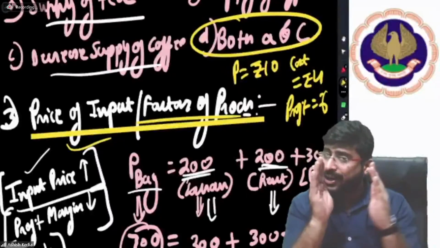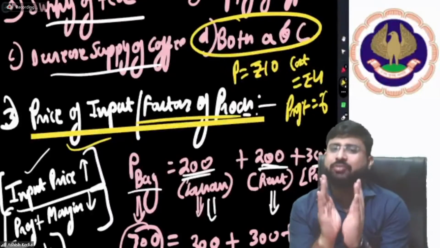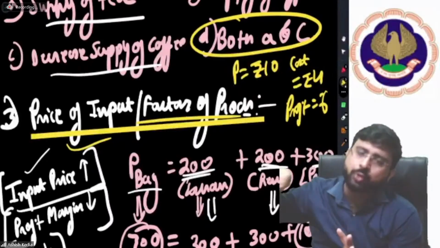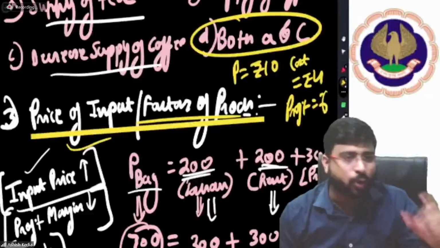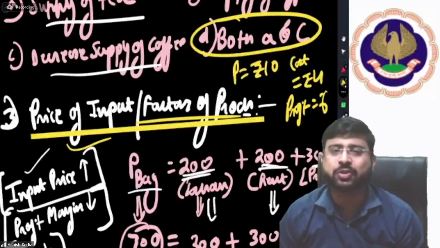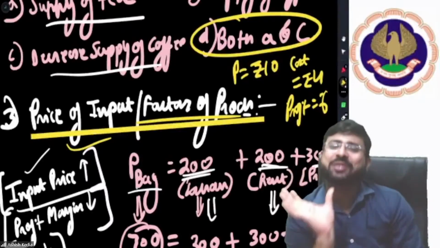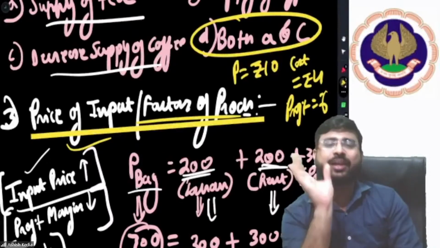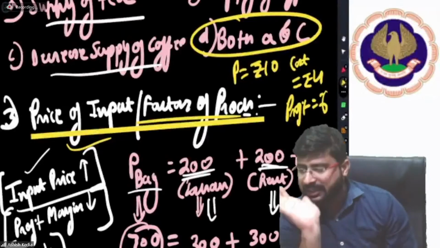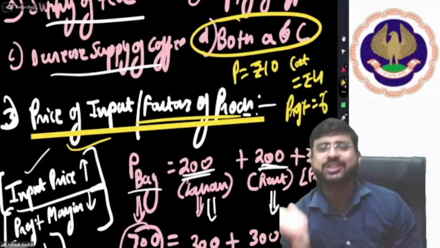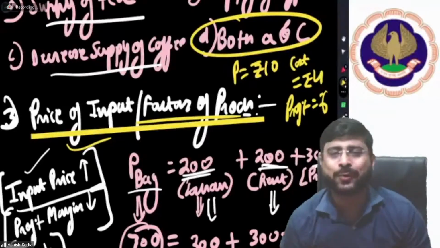Assume that price is 10 and cost is 4. So obviously, when there is a reduction in cost, profit margin is rising. Whenever there is a reduction in cost, profit will rise, basic logic.